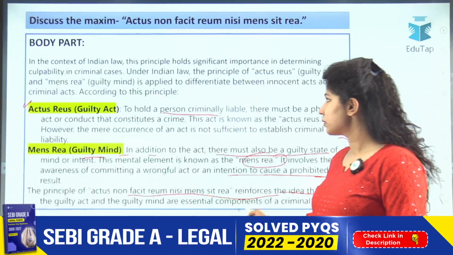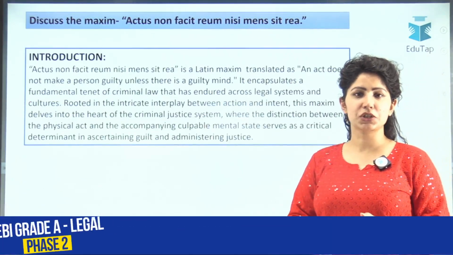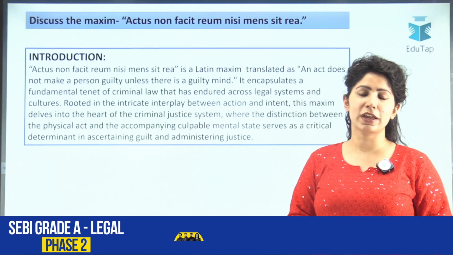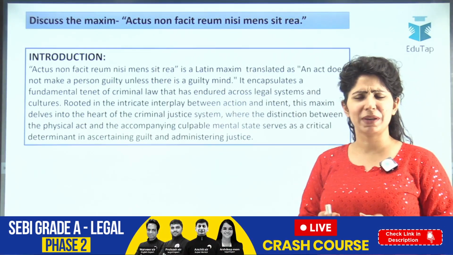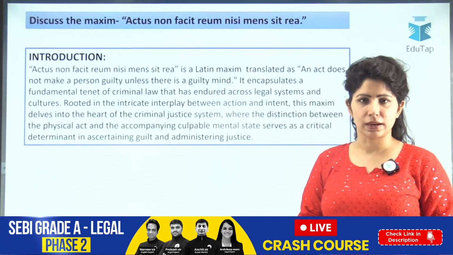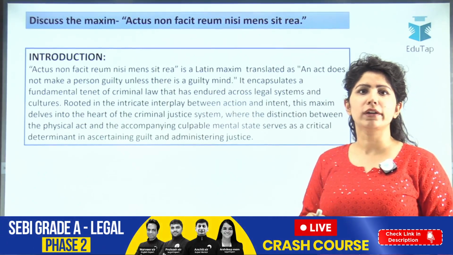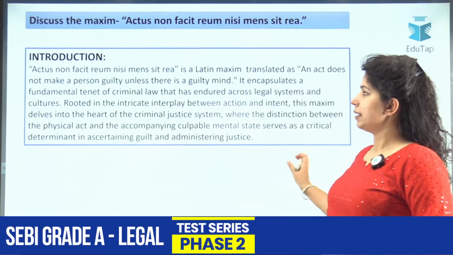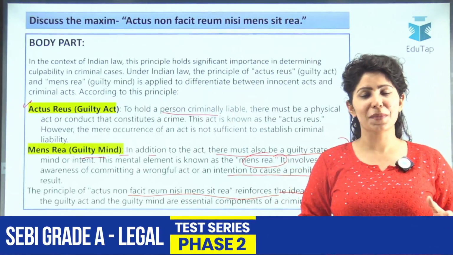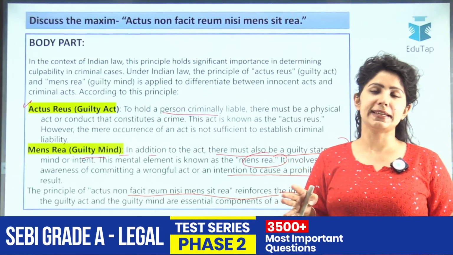All right, so let me take you back. Introduction was about a general briefing of this maxim. You explained its meaning. You explained its applicability briefly, that it is used to ensure a fair justice system. Then you explained the meaning of the maxim in more detail.